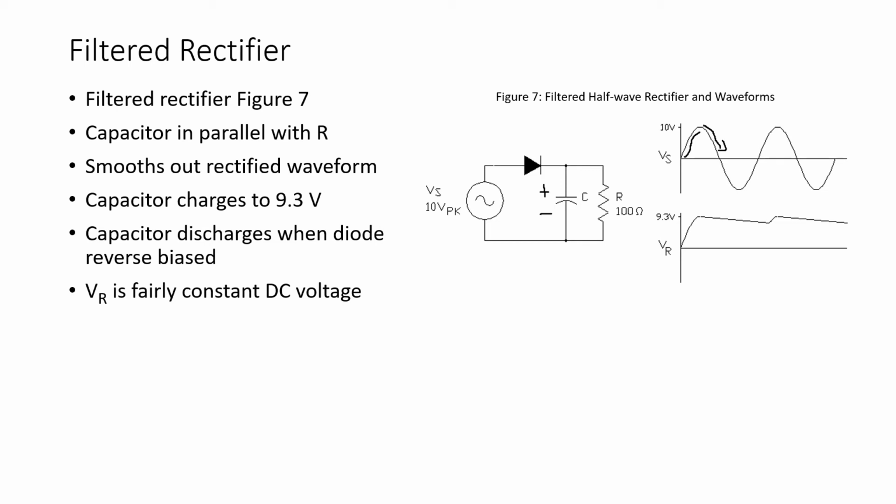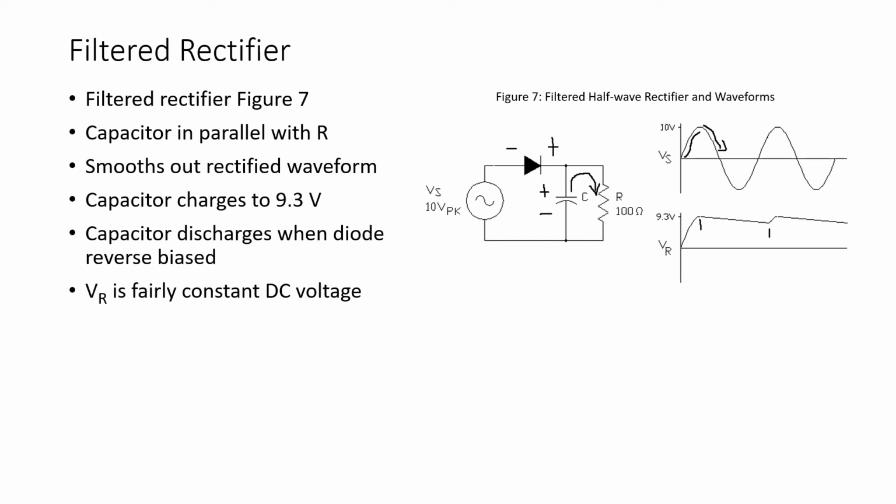Since the source voltage starts getting smaller, I have a positive to negative voltage across the diode. The diode stops conducting and the capacitor discharges through the resistor. So note, from right here to right here, the capacitor voltage, which is equal to the resistor voltage, gets smaller because the capacitor is discharging.